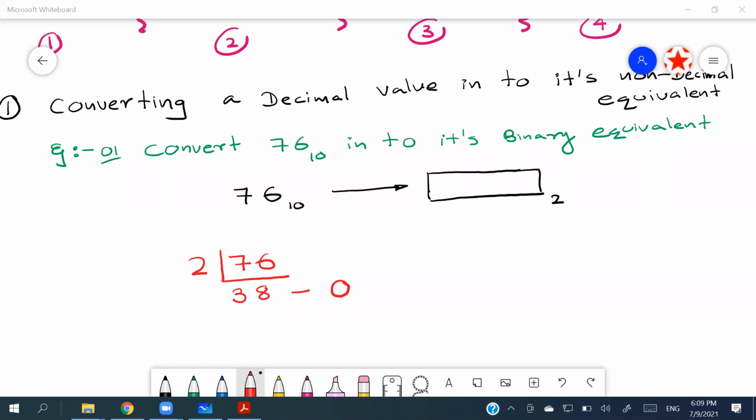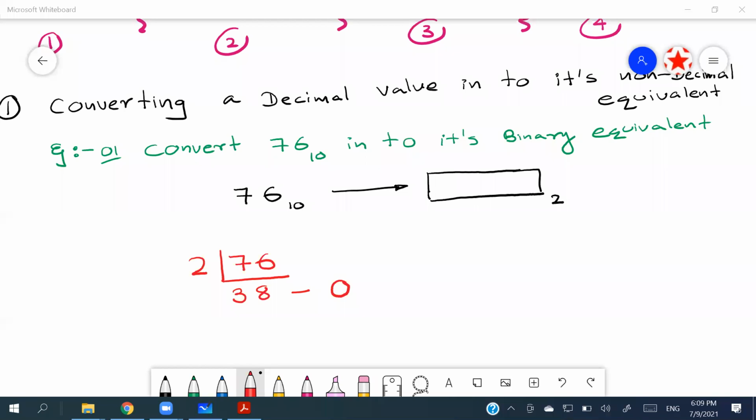And we are not going to stop just by doing one division. There is an ending point for the division. The ending point can be recognized when you receive a value which is less than 2 after the division. There are 2 techniques actually. I'm telling you one particular technique.